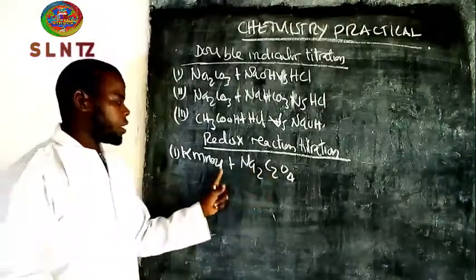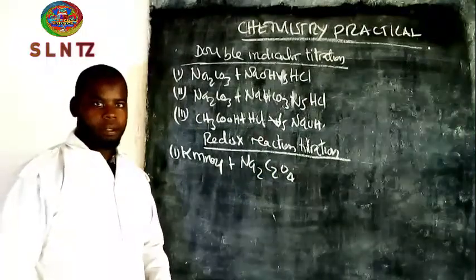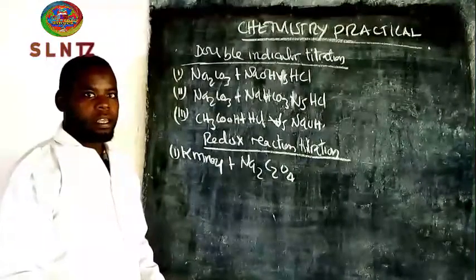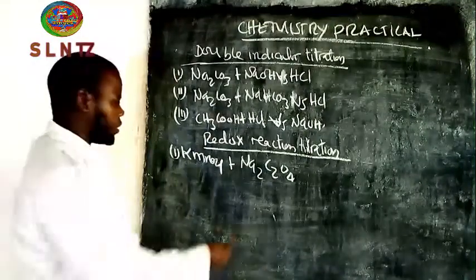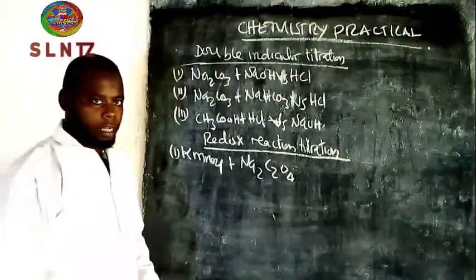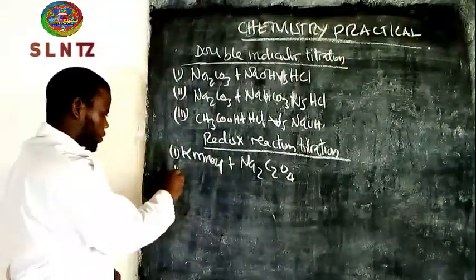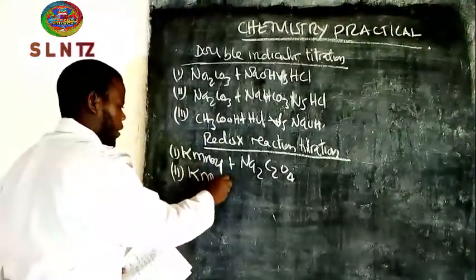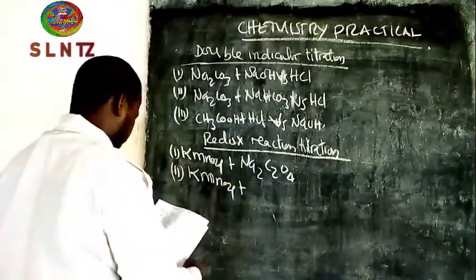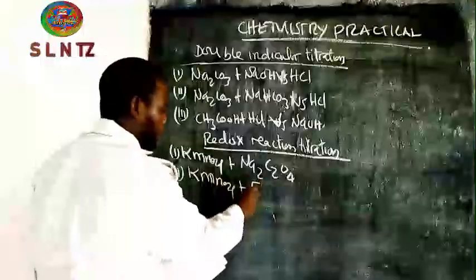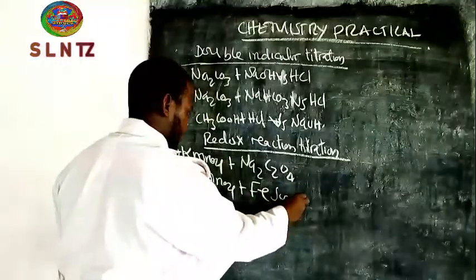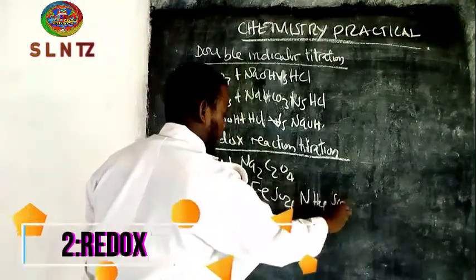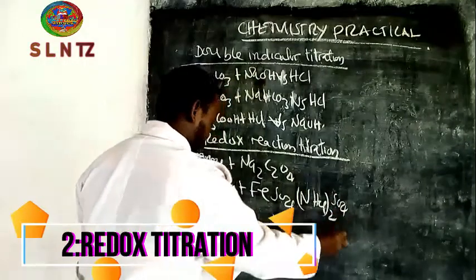because oxalate reacts with this one under high temperature. Other components are there, such as sulfuric acid, but these are the main reactants. Number two, in redox titration, you have to concentrate on potassium permanganate with ammonium ferrous sulfate.